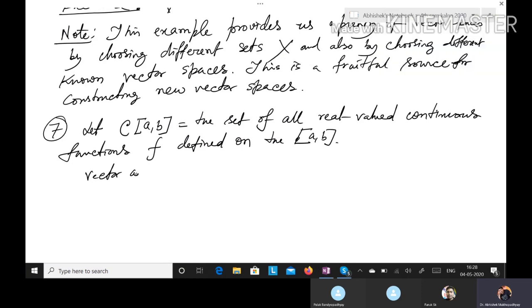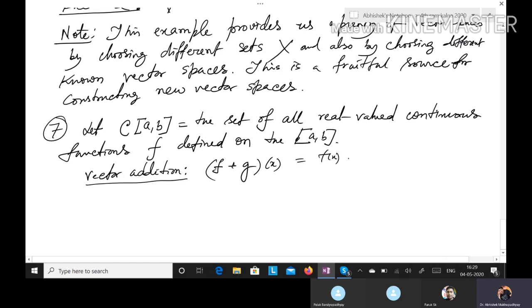Consider any two functions f and g from C[a,b] and define (f plus g)(x) to be equal to f(x) plus g(x).